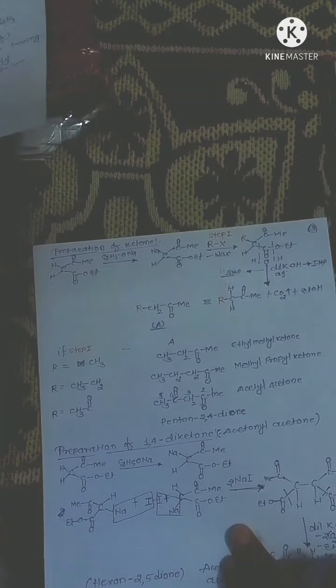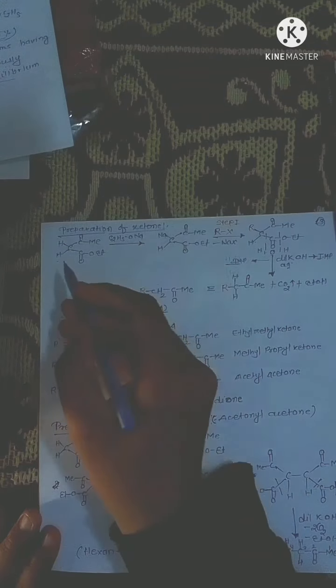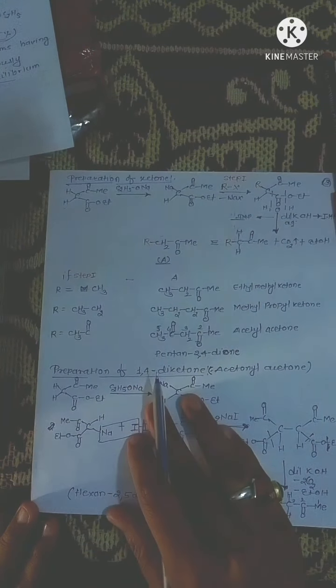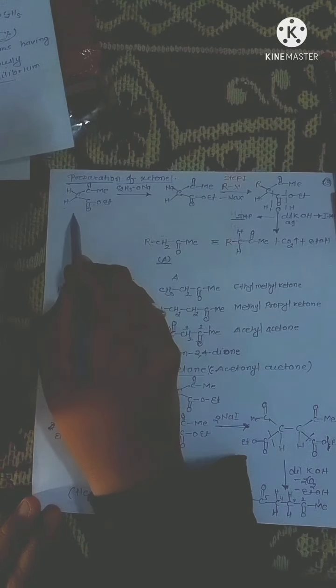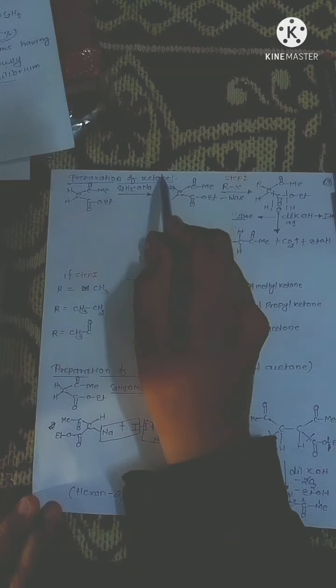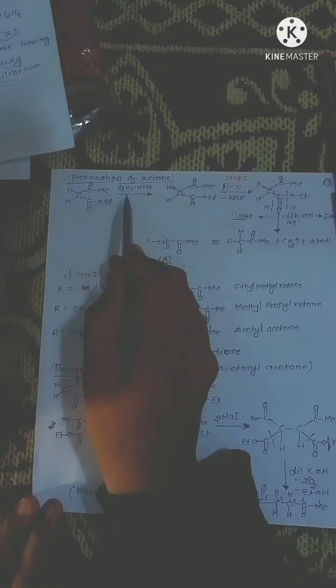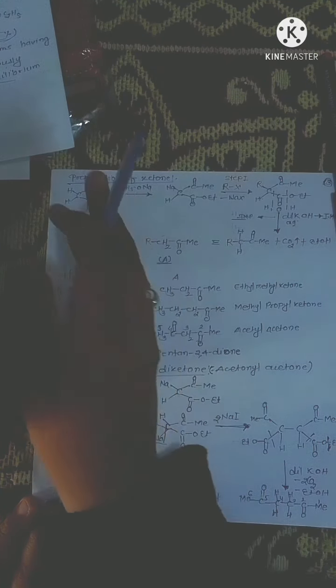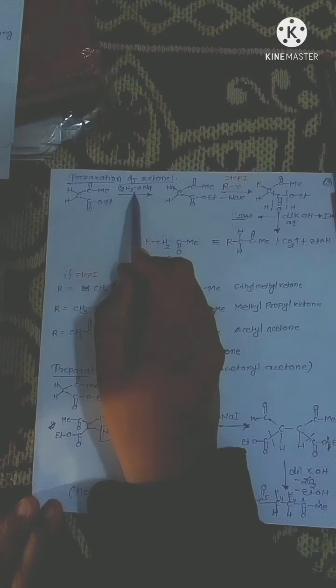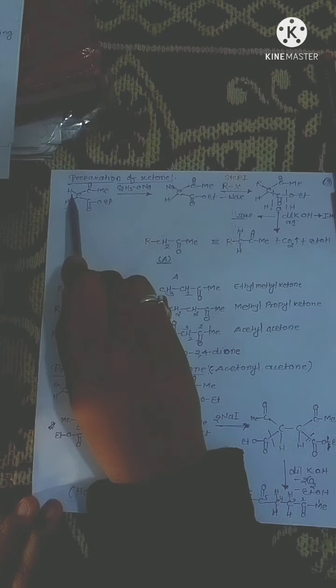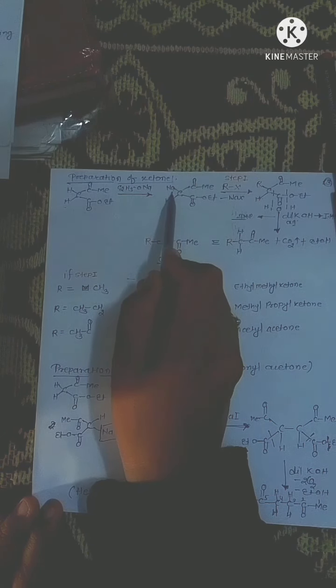So now we are going to see how acetoacetic ester is used for the synthesis of ketones. If acetoacetic ester is treated with a mild base, that is sodium ethoxide, one of the hydrogens goes away and sodium comes here.